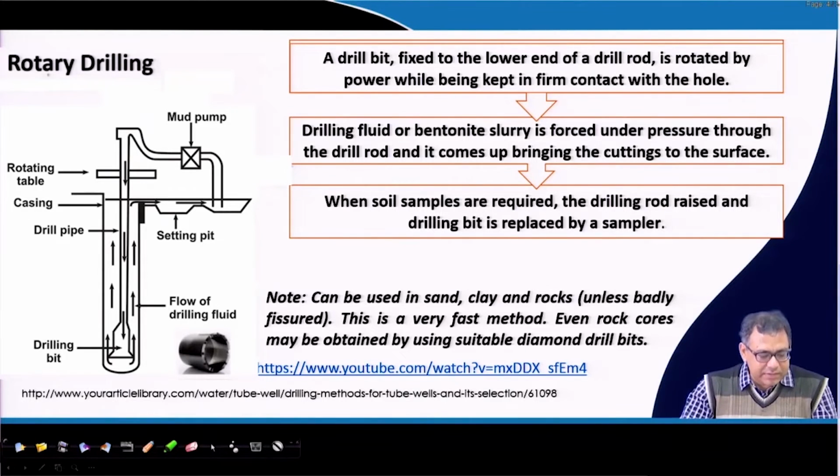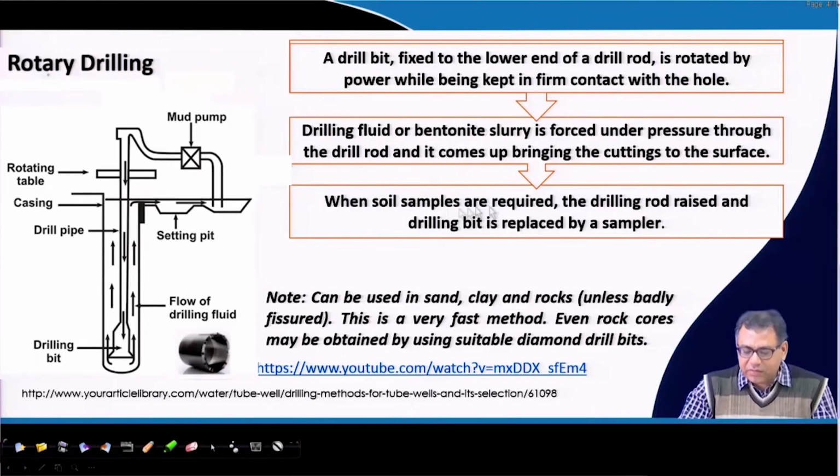That means, as you can see from the arrow direction, the bentonite slurry is applied, and the cutting bit rotating in the soil or rock generates pieces, which mix with the bentonite slurry and are forced to move in the upward direction, and then they are collected in a settling pit.